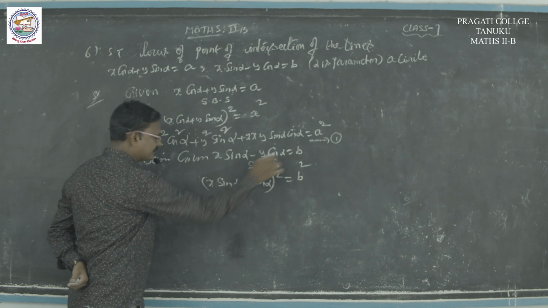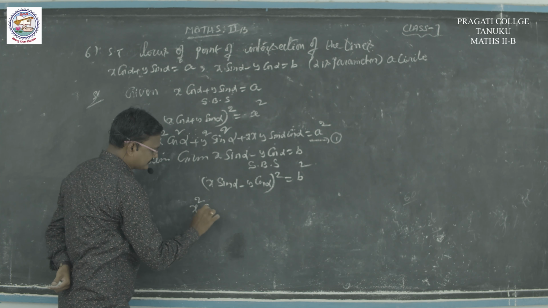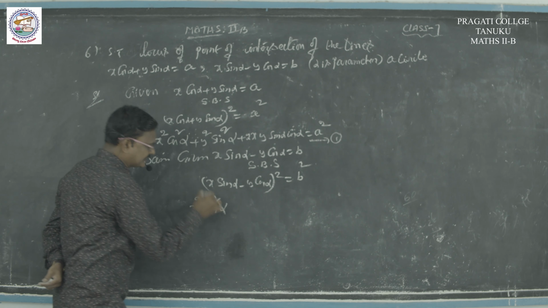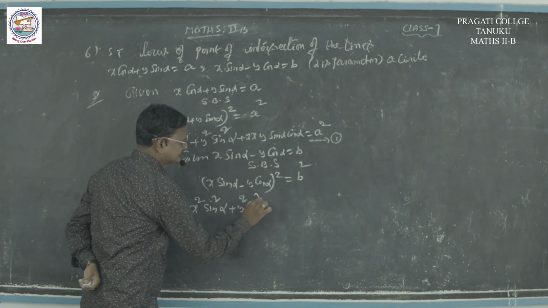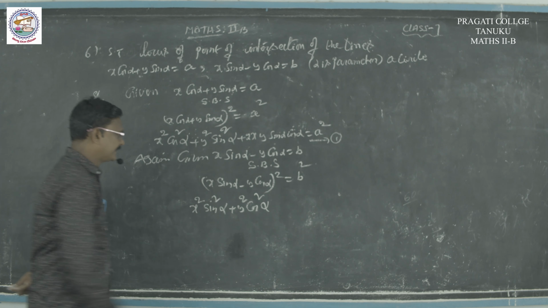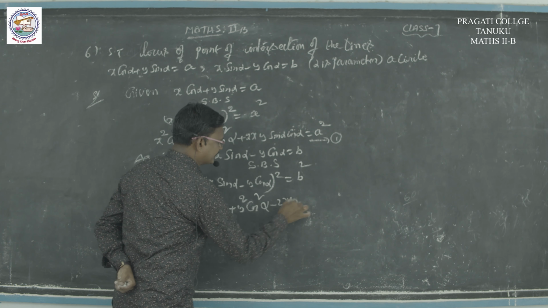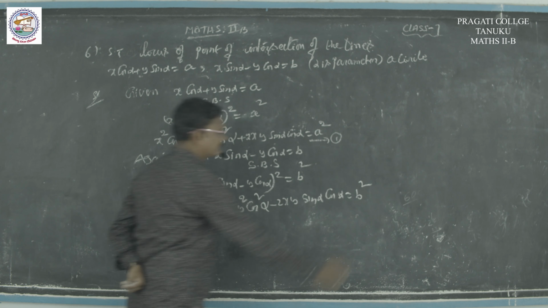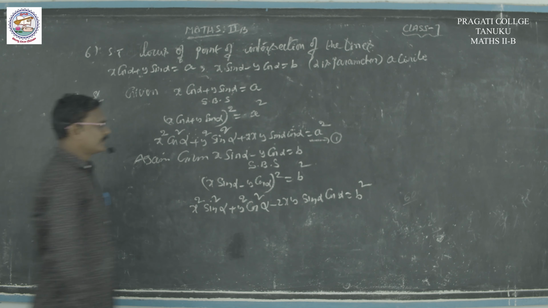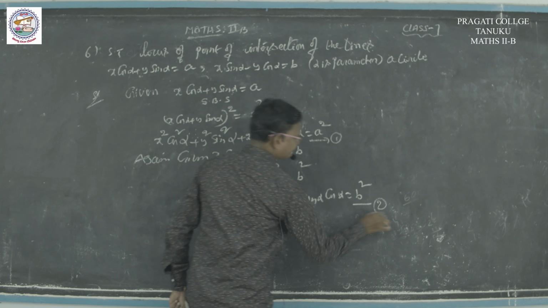Now a minus b whole square means we can write x square sin square alpha plus y square cos square alpha minus 2xy sin alpha into cos alpha is equal to b square. Now this is equation 2.